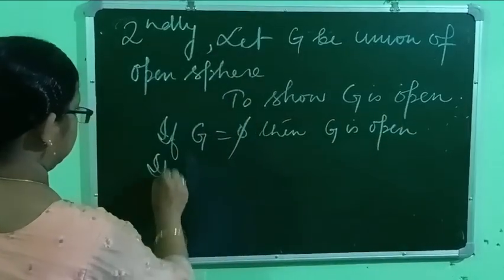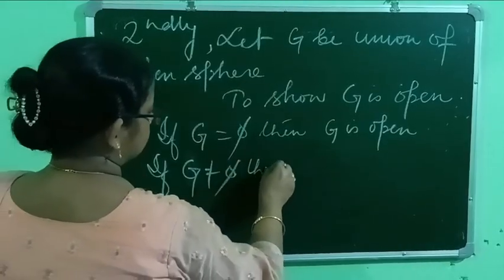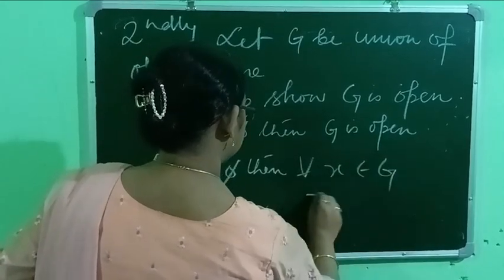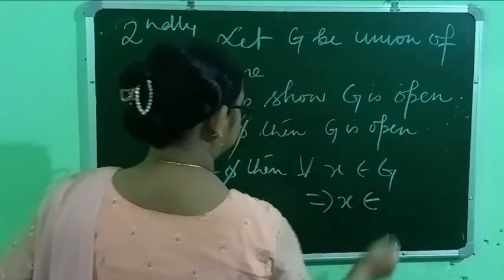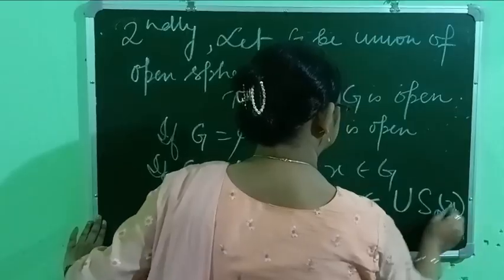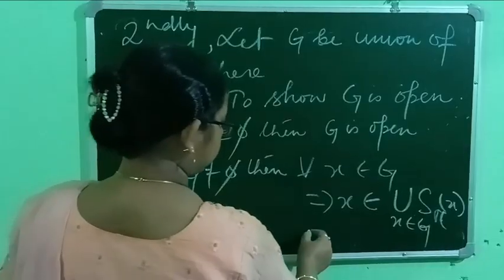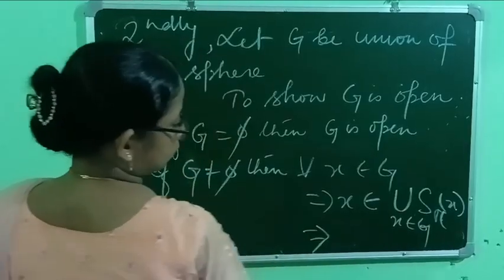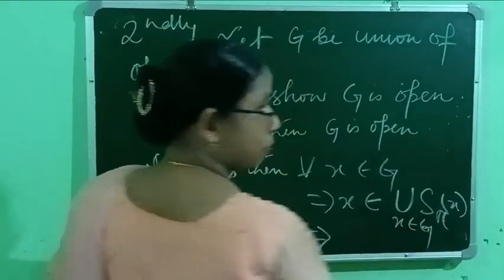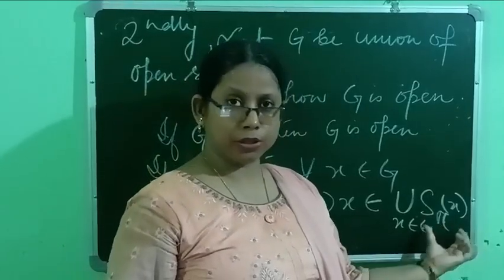If G is not empty, then for all x belongs to G, x belongs to the union of S_r(x). That means x belongs to at least one open sphere of this union.